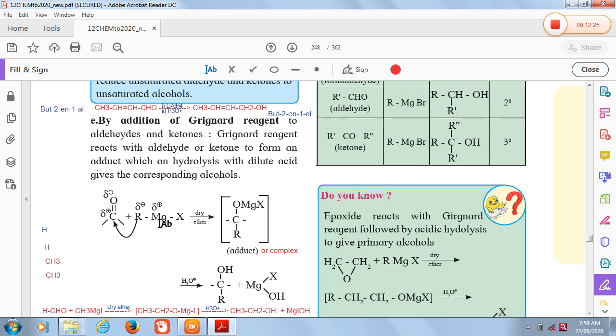Magnesium is more electropositive, carbon is more electronegative, and it will attack the electron-deficient carbon, because oxygen is more electronegative than carbon. So there is delta negative charge over oxygen, delta positive charge over carbon, and the reaction takes place in the presence of dry ether.